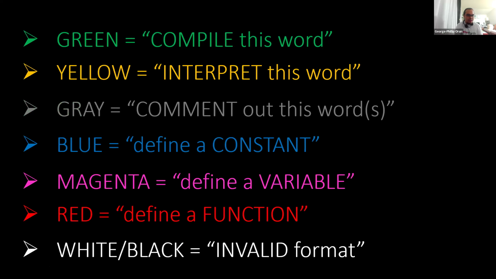It's just because it's still a work in progress, so there are some invalid formats. Meaning, what if you use a string or number as a name for a variable or constant? It will show white because it's not a valid name or word for a constant.